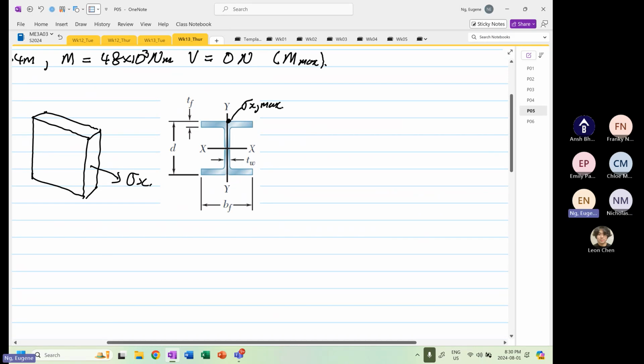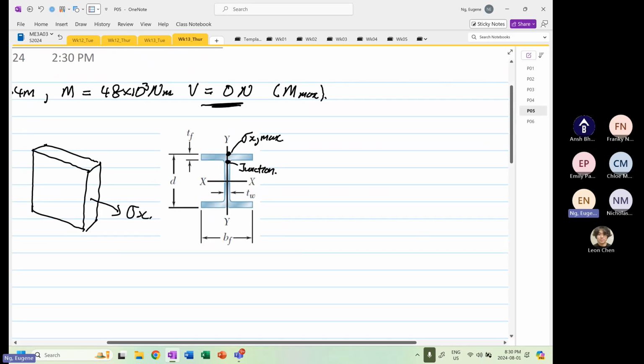It does not have any shear at all. So for this problem, at this location, you don't calculate the junction, right? Because if you calculate at the junction, you will not have the maximum stress. Because why? Your shear force is equal to 0. Can you see that?